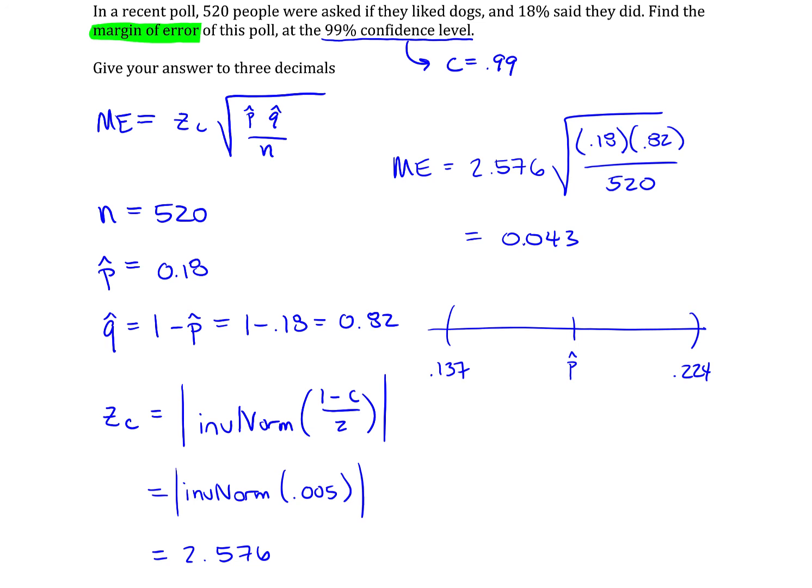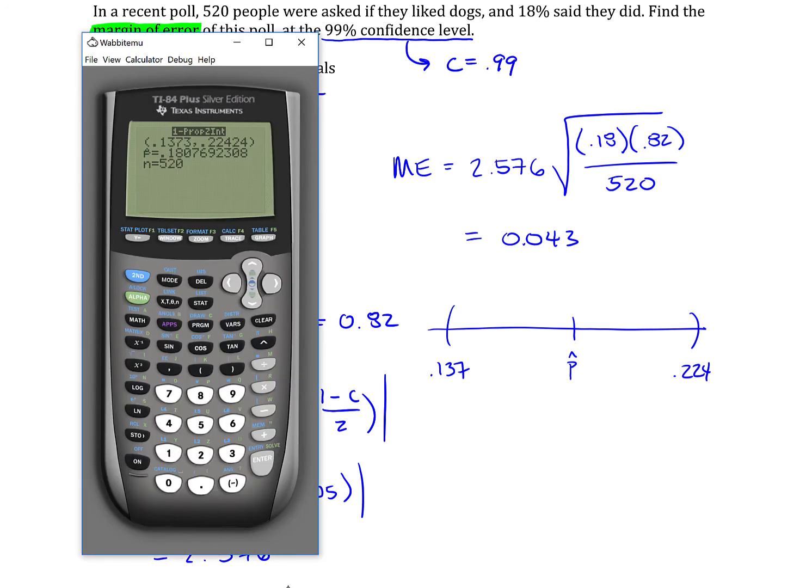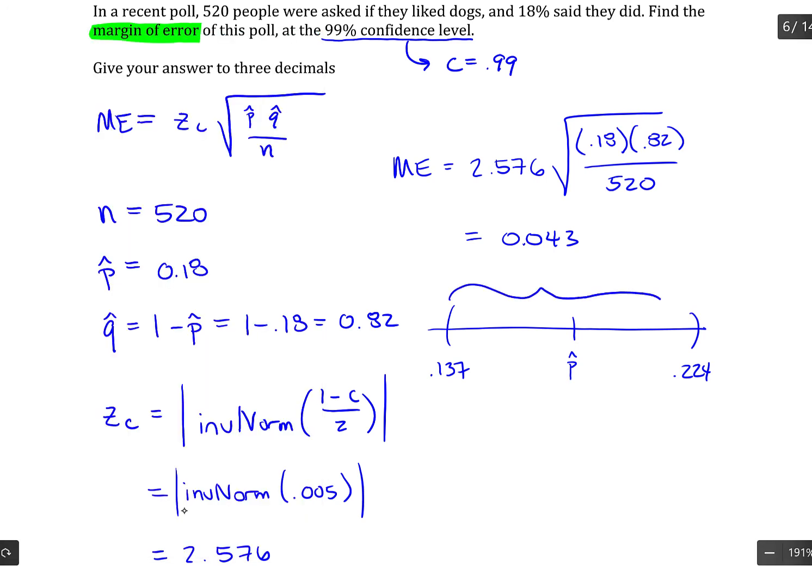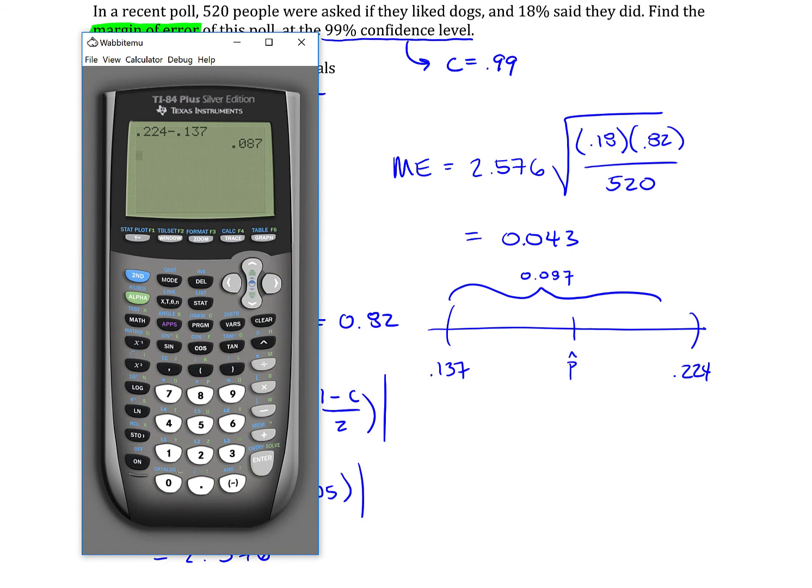If you find the midpoint of those two values, or actually let's just find the distance across. So 0.224 minus 0.137, so 0.087, that is the distance all the way across that interval.